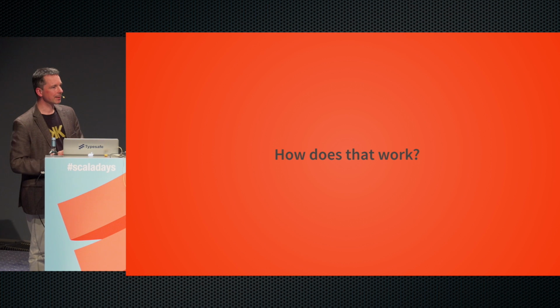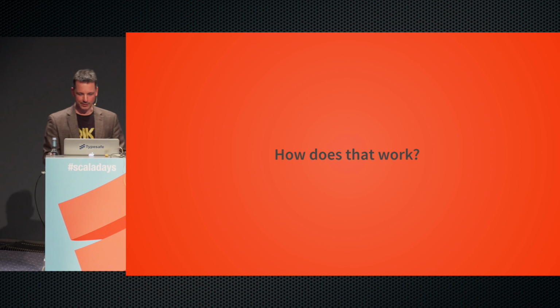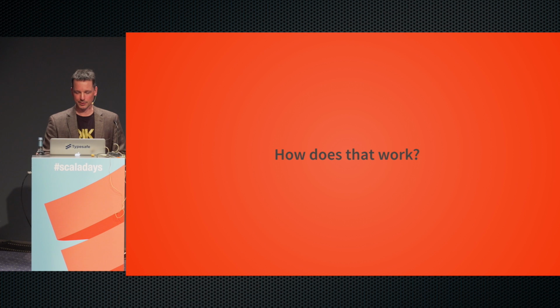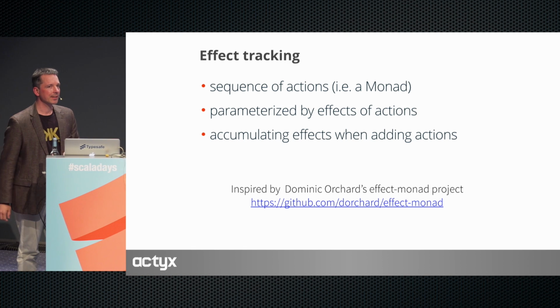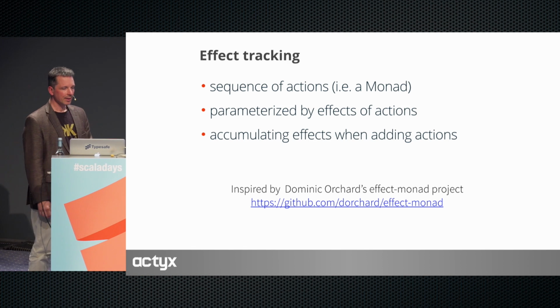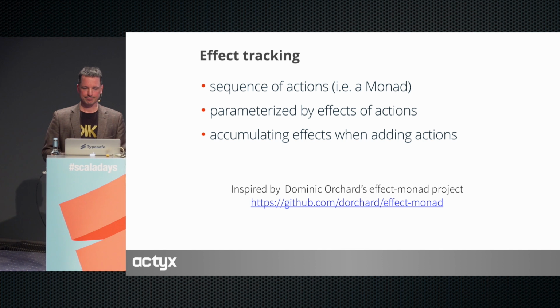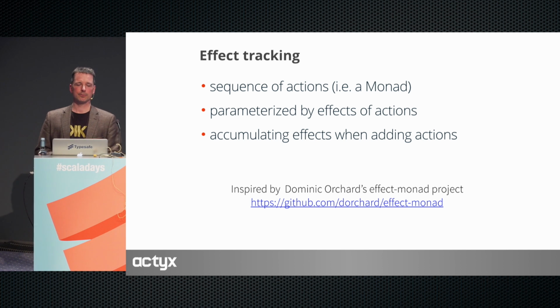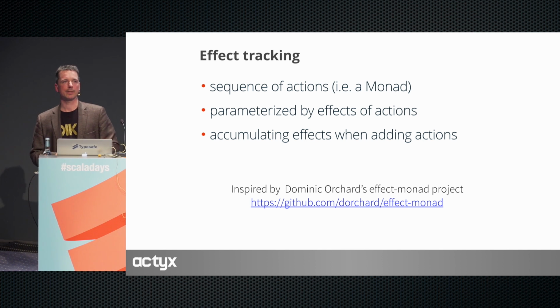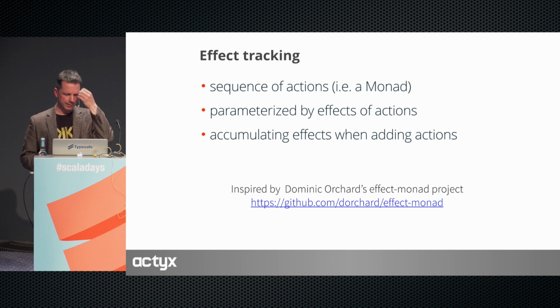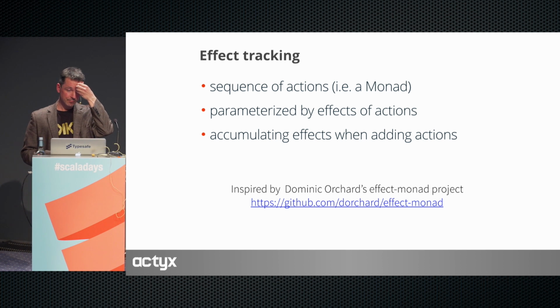So I'll spend the remaining time trying to look behind the curtain a little bit, because I think that there are some interesting pieces. This is all inspired by work from Dominic Orchard in London, in Kent, I think, who has worked on these effect monads.